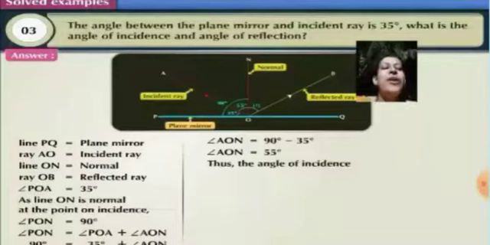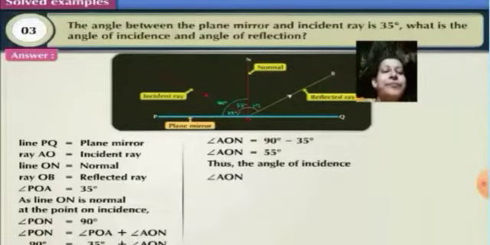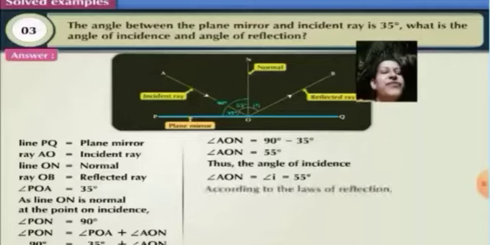So angle AON is nothing but the angle of incidence. Thus we have found the angle of incidence. Once we have found the angle of incidence, we can easily find the angle of reflection also according to the law of reflection, which says that angle I is equal to angle R. So angle AON is equal to angle I, which is equal to 55 degree.